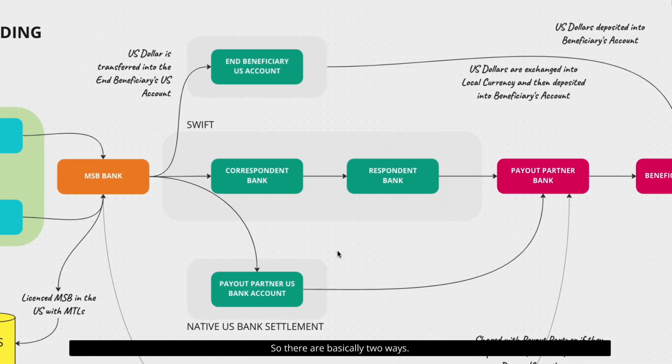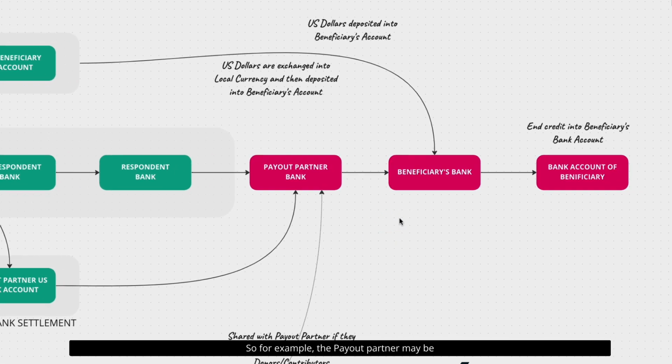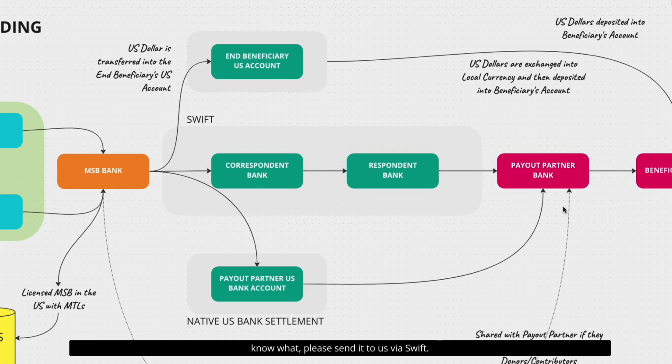One way is you use the payout partner, wherever that may be. For example, the payout partner may be in the Philippines, India, Bangladesh, Nigeria, or Kenya, wherever they may be. They may have a bank that they work with, and the bank may say, please send it to us via Swift.